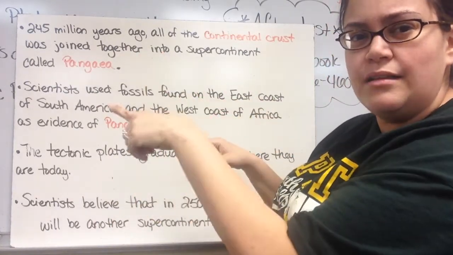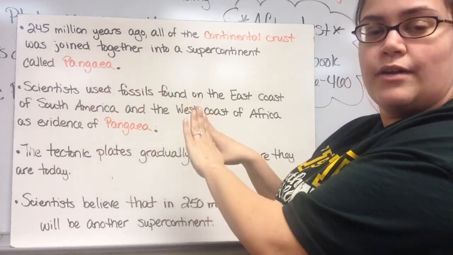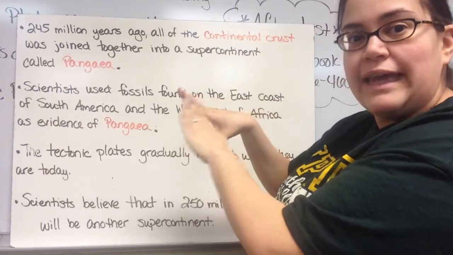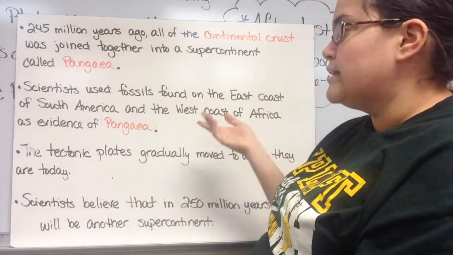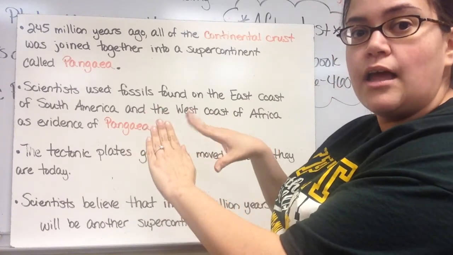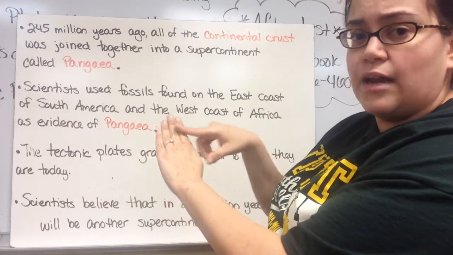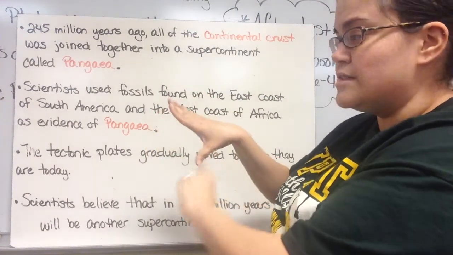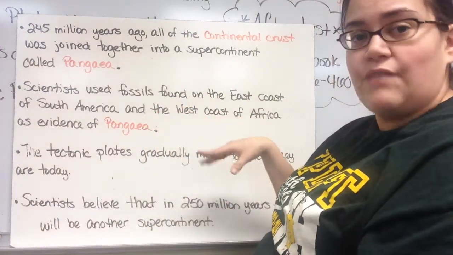If you look at Brazil, that whole area, if you just slide it over, it looks like it fits perfect in that kind of little nook in Africa, right? And so scientists looked, and sure enough, on this side of South America, there were fossils of animals and dinosaurs and stuff identical to stuff on the west coast of Africa.